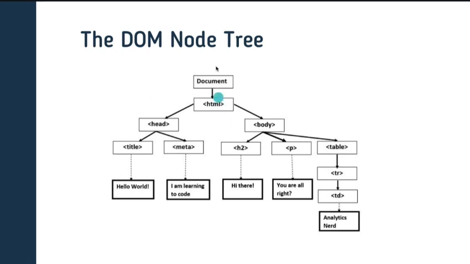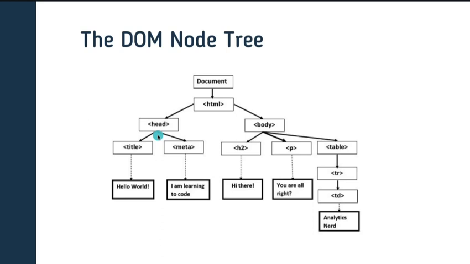So next we have the DOM tree, guys, the DOM node tree. DOM stands for Document Object Model, and it often tells us how our HTML document should be structured and how the flow should go. So firstly, we have the HTML document. In the HTML document, we have the HTML tag, and in the HTML tag, we have two main subsections, which are the head tag and the body tag.